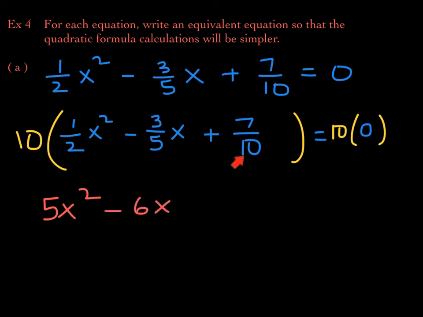This 10 and this 10 cancel out, leaving you with 7. So this equation is an equivalent equation, and instead of using 1/2, negative 3/5, and 7/10 in your quadratic formula, you can use the numbers 5, negative 6, and 7 instead, which would probably be so much easier.